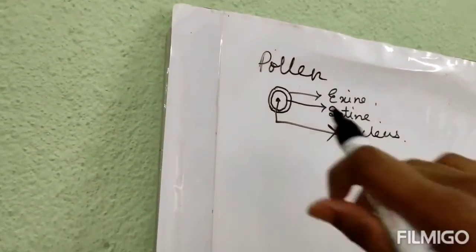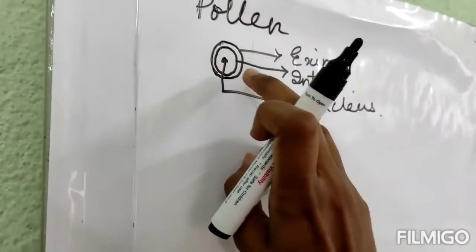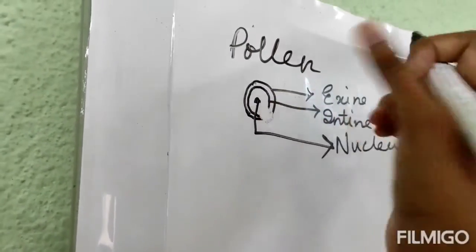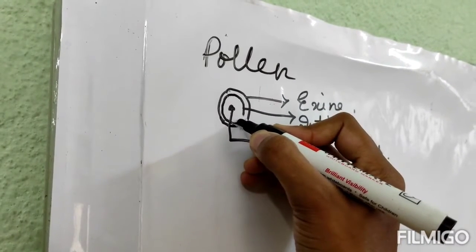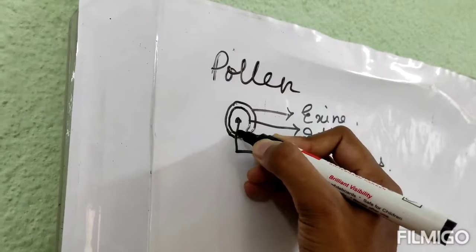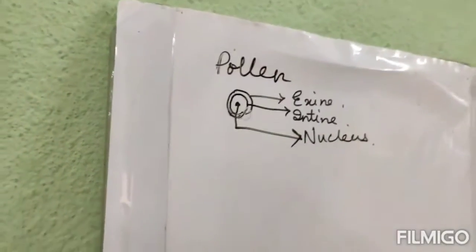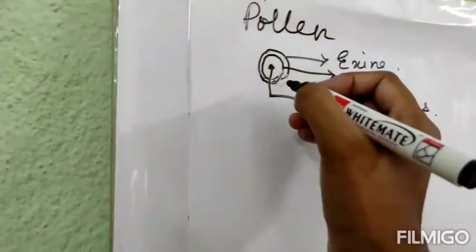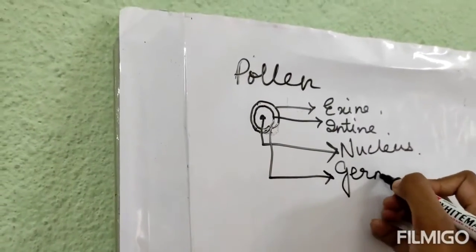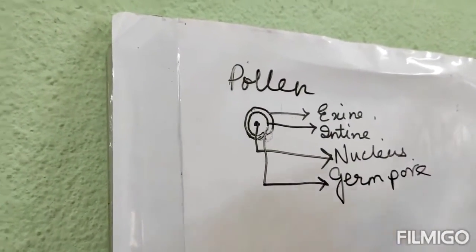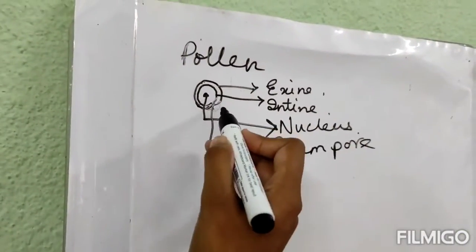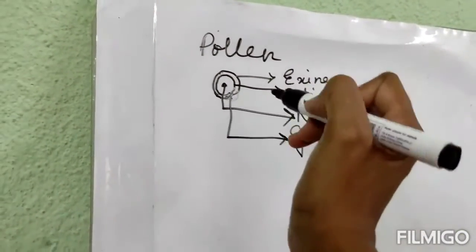Now there is a pore present at the end of the pollen grain. This pore is termed the germ pore. We have heard about the term pollen tube. This pollen tube will originate from this germ pore.